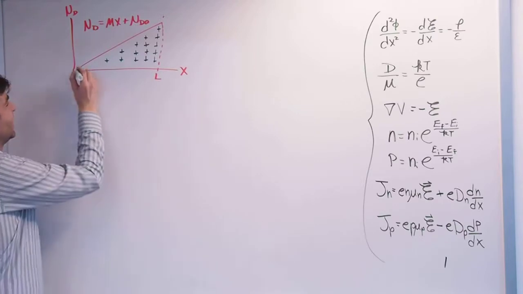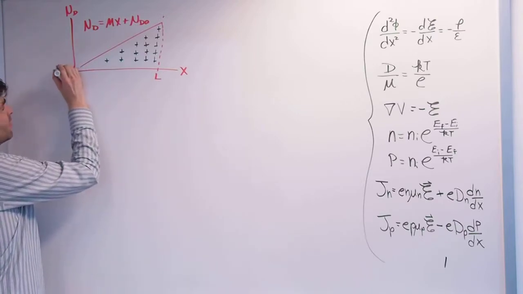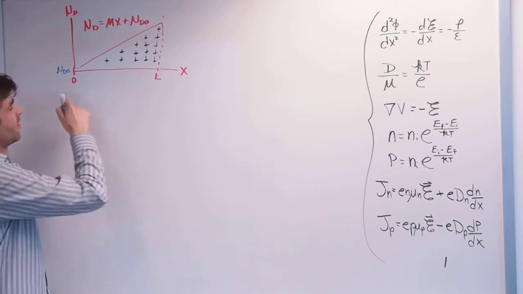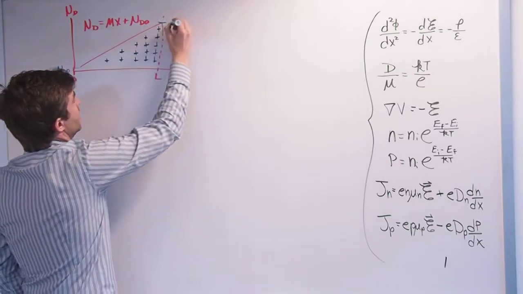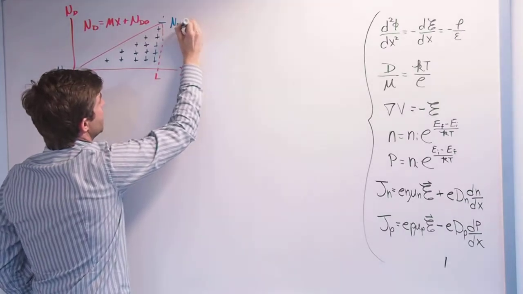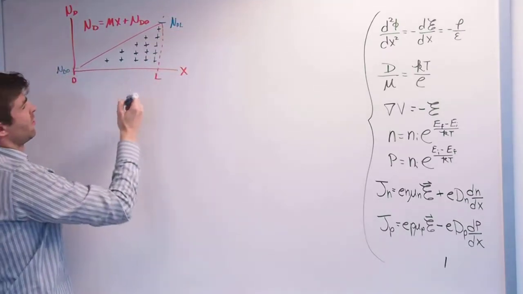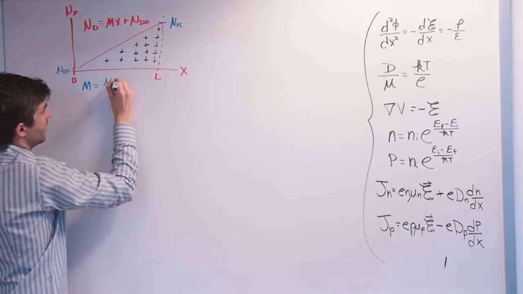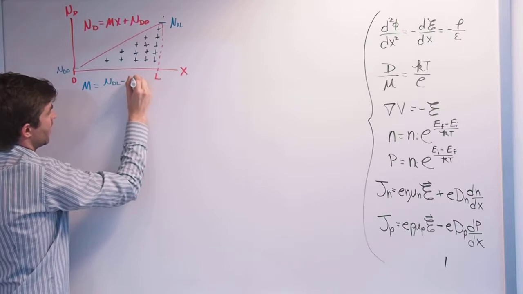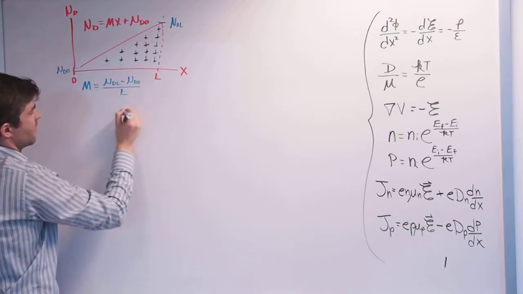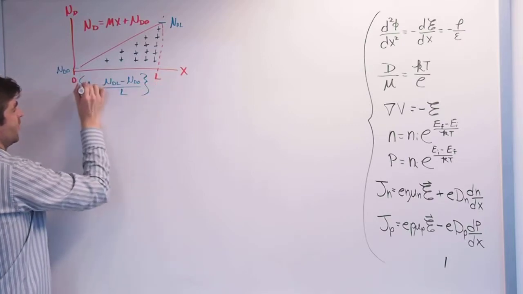You can think of ND naught as the starting position where it intersects the ND axis, and NDL could be the top there. So our slope m is essentially m equals NDL minus ND naught over L minus 0, which is just L. So that's another way we can look at this.